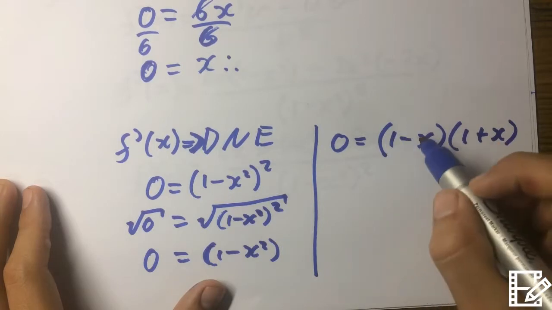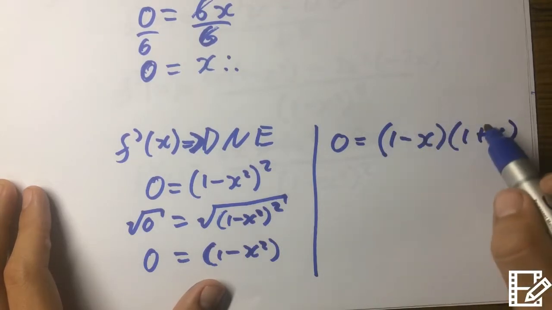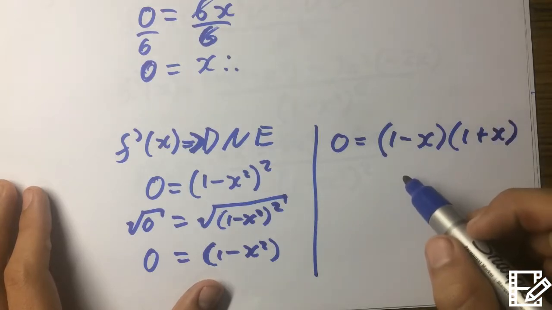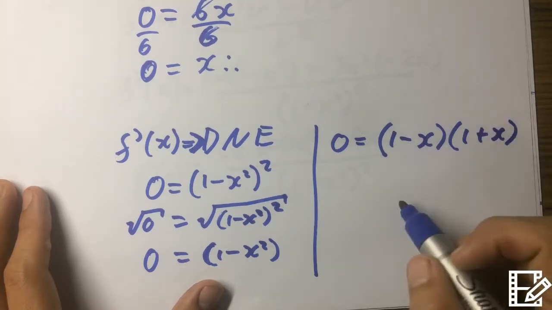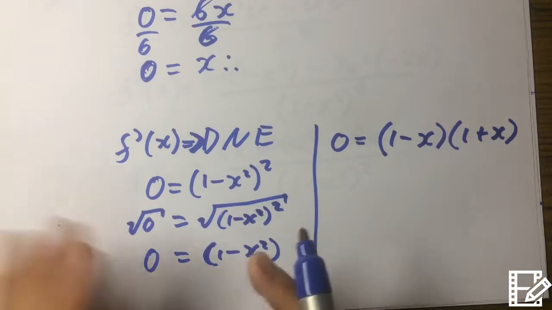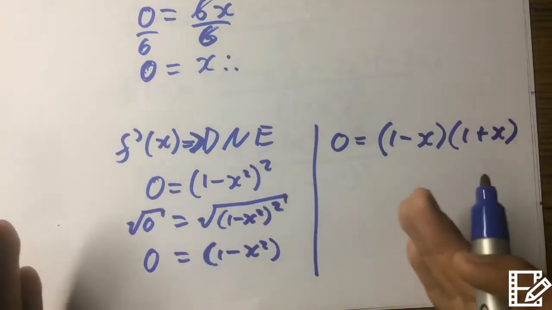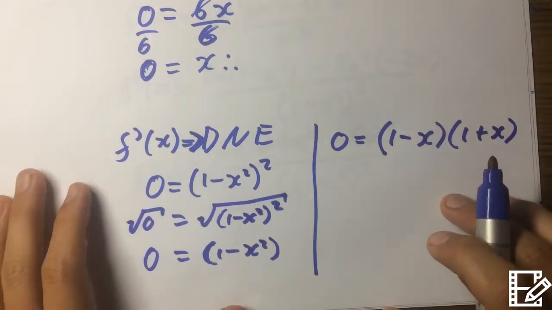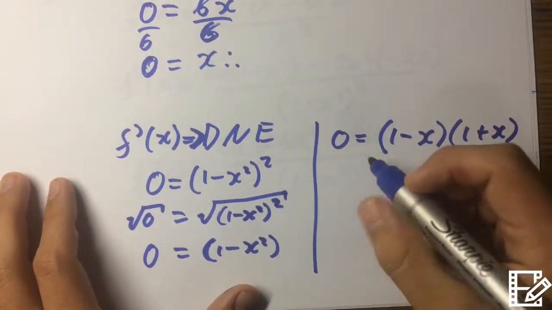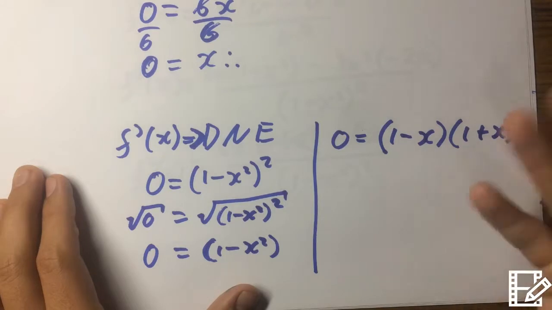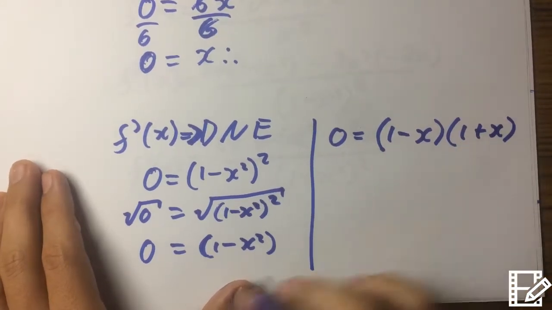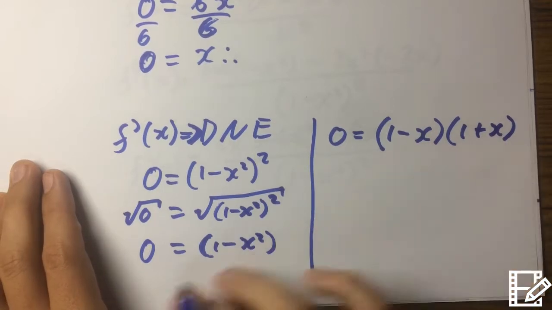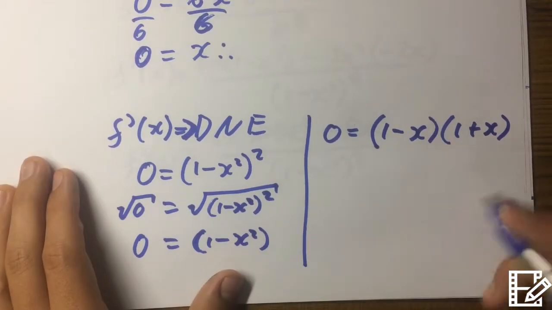If I were to expand this, 1, and then an x, and then negative 1x, and then negative x squared, then it would look like this. I'm just unexpanding it. So instead of expanding it, I'm factoring it. But anyway, this is what I'm doing, because the other way will get one value and it'll be a pain to explain. This is much easier to explain.